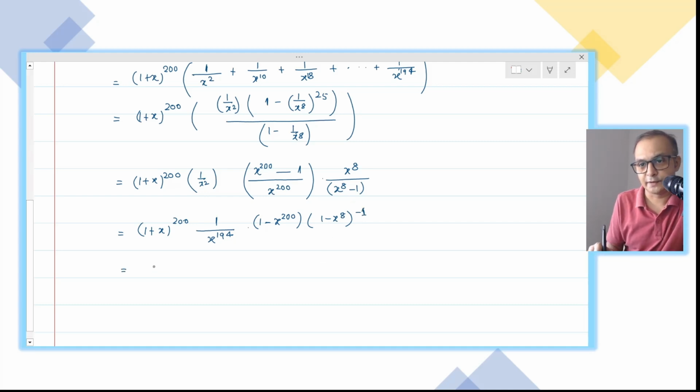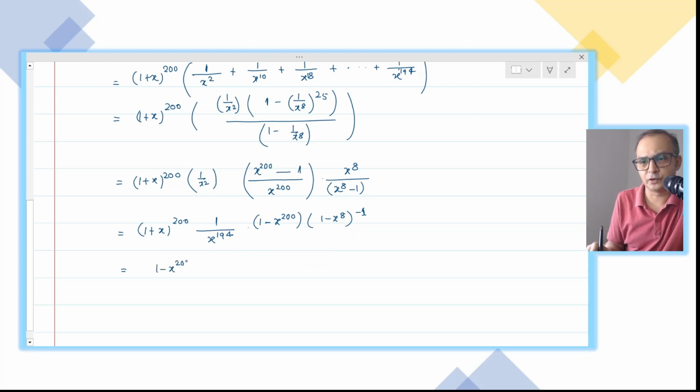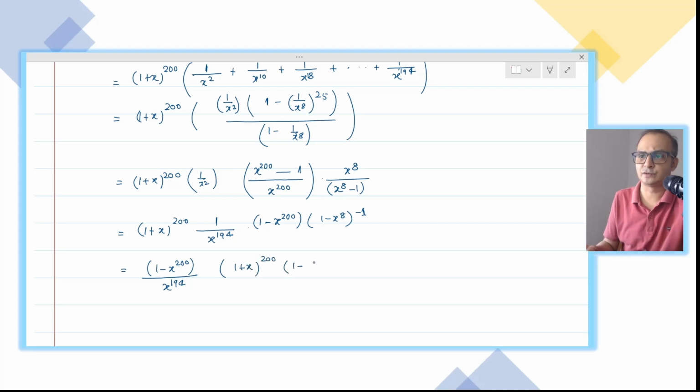Now I want to write (1 + x)^200 with this thing. These two I want to make together, and these two I want to make together. There is a consequence of it. I will show why, and you will also understand why I'm doing this. And this is x^194, and here (1 + x)^200 into 1 minus x^8, or let me just give you another trick I just got in my mind.